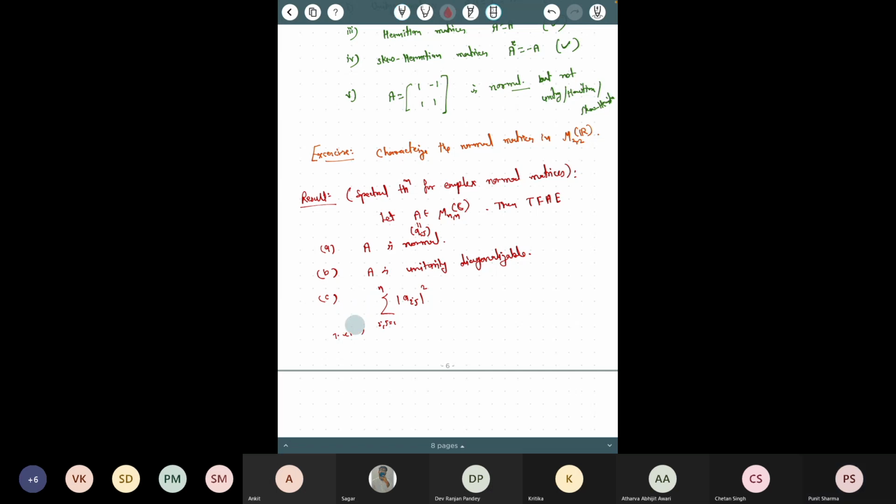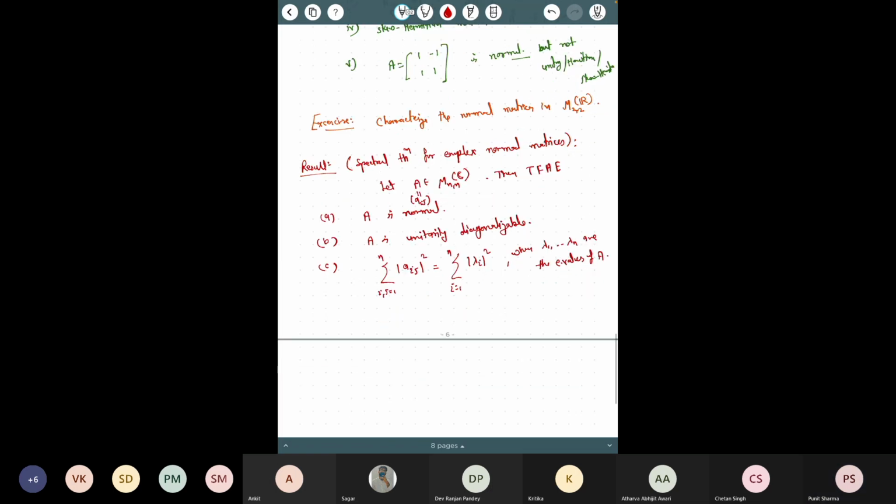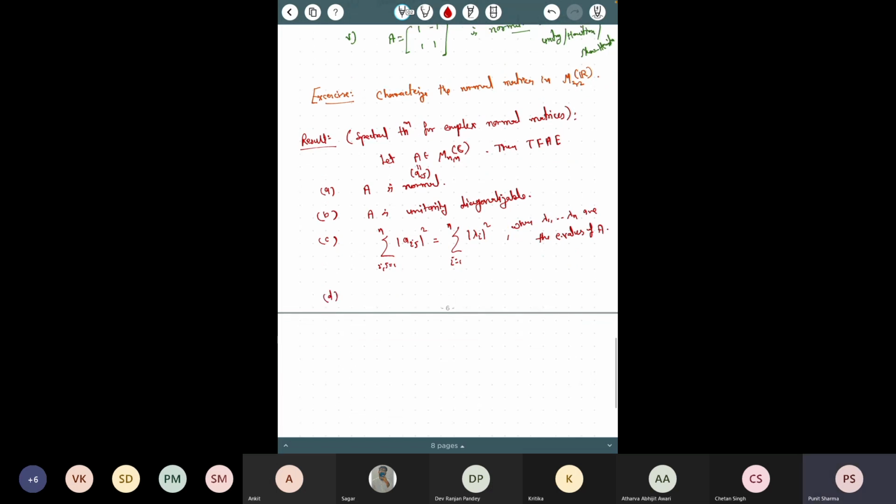So if this is equal to the sum of the squares of the modulus of the eigenvalues of A, i equal to 1 to n, where lambda 1 to lambda n are the eigenvalues of A. And this is equivalent to saying that there is an orthonormal set of n eigenvectors of A.